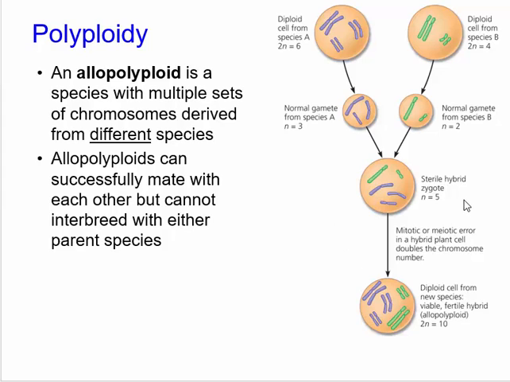So this organism is sterile. Okay, that doesn't sound great. But again, some mistake occurring during mitosis or meiosis, you end up with a doubling of the chromosomes. Now you have this diploid organism. It has the whole set of chromosomes from both parents at this point, and now can potentially self or interbreed with other similar hybrids.